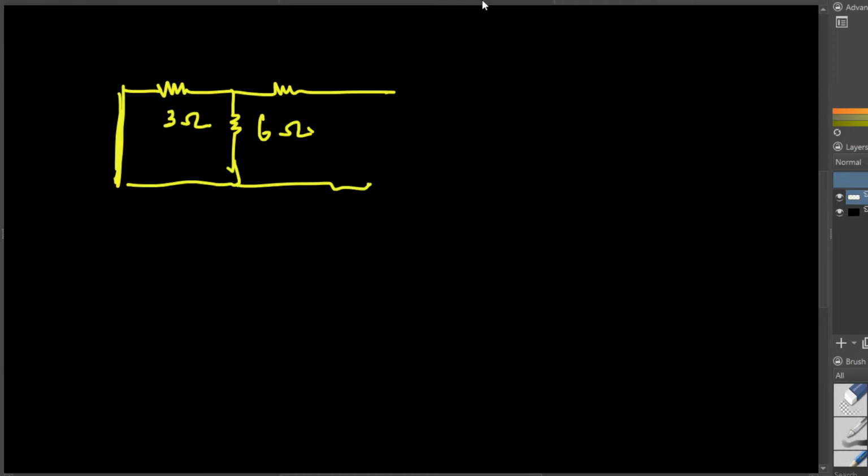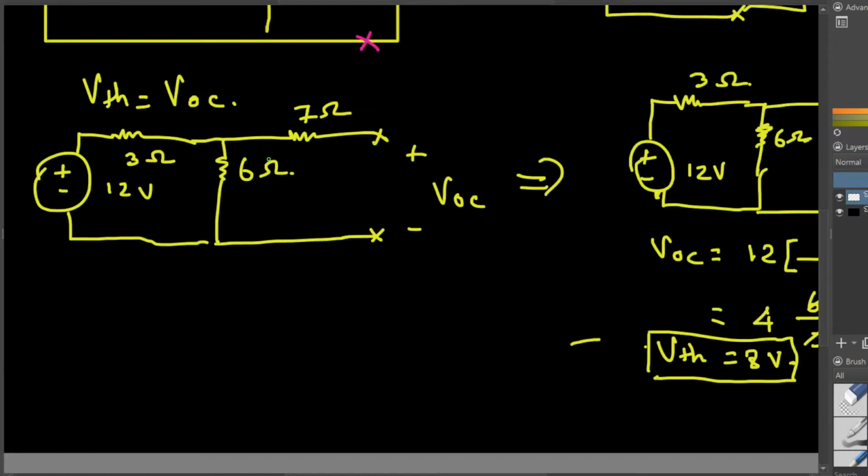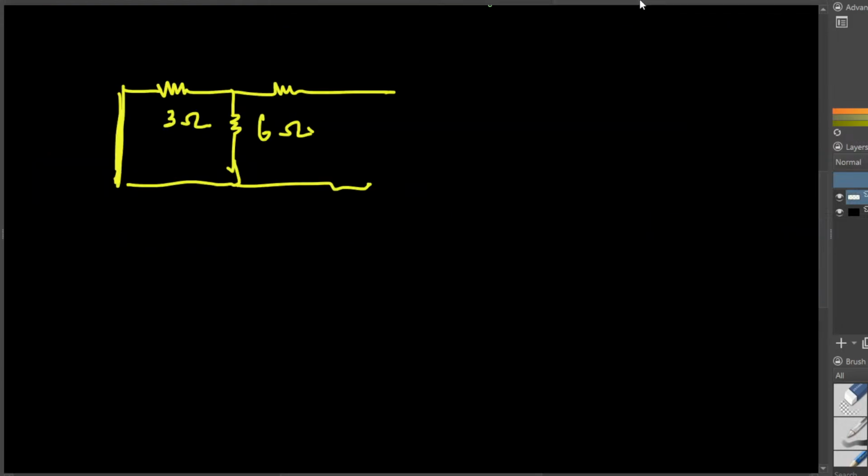And for this one, we had to consider this 7 ohm as well, even though it's not useful. You have to take that 7 ohm also into account and find out the R equivalent. So what is the R equivalent for this? First, you can see 3 and 6 are parallel.